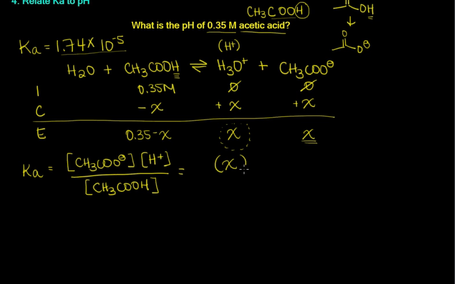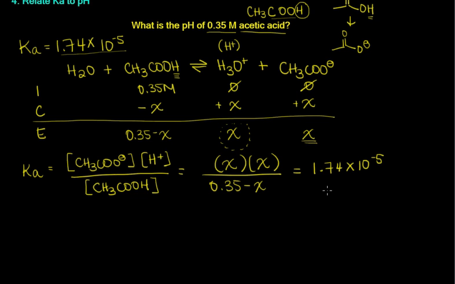The concentration of H+ is X. The concentration of CH3COOH is 0.35 minus X molar. All of this is equal to 1.74 times 10 to the negative fifth, which you can look up in your book, online, wherever.